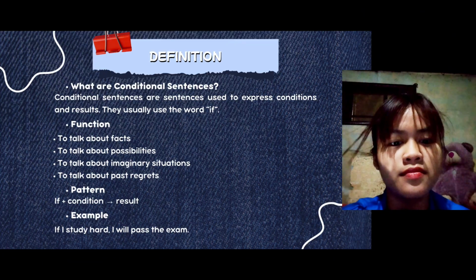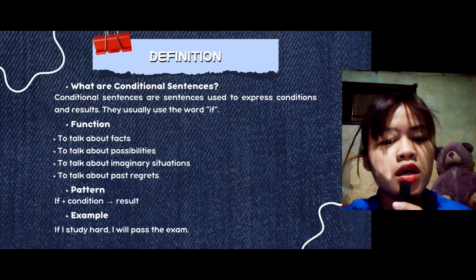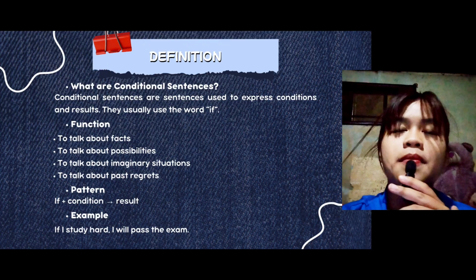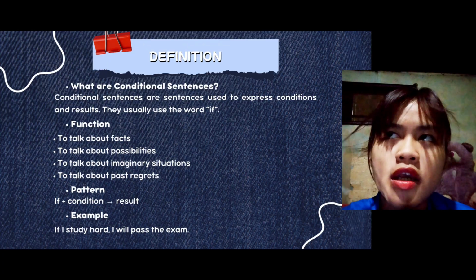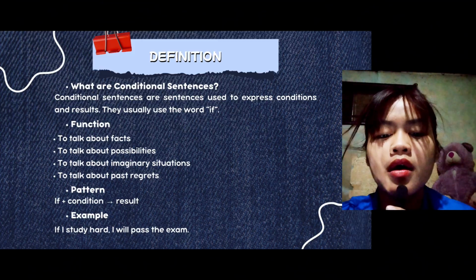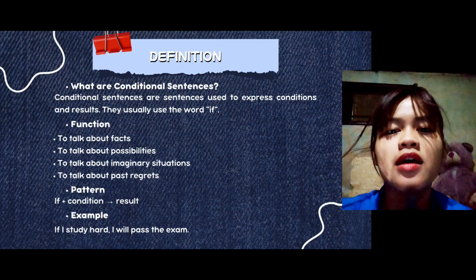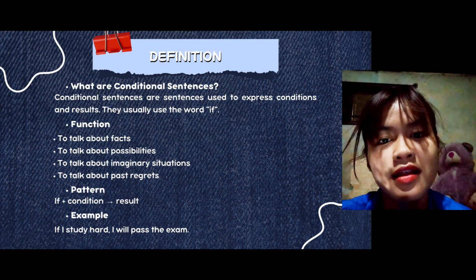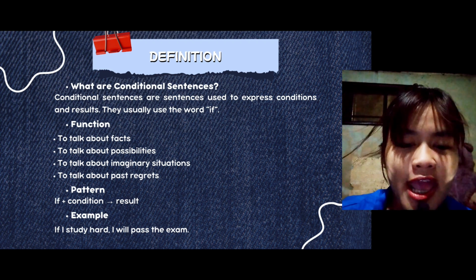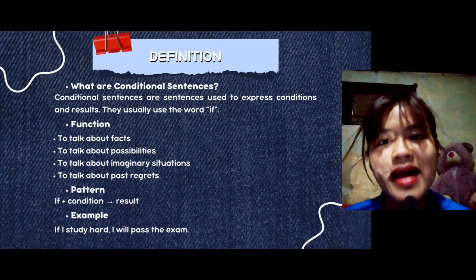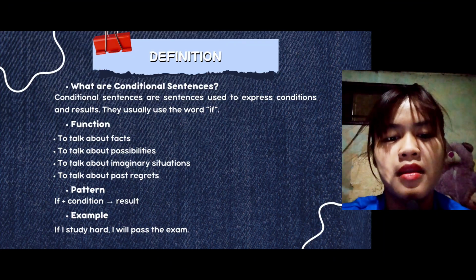For the functions: first, to talk about facts; then to talk about possibilities; then to talk about imaginary situations; and then to talk about past regrets. The pattern is if plus condition, then the result. For example, if I study hard, I will pass the exam.